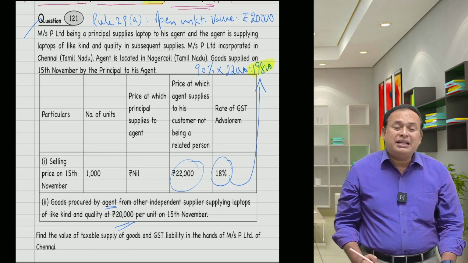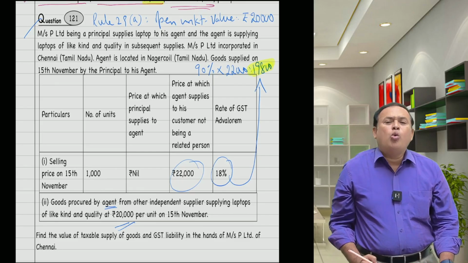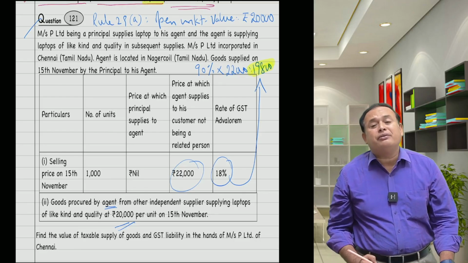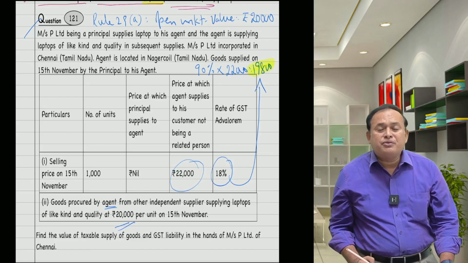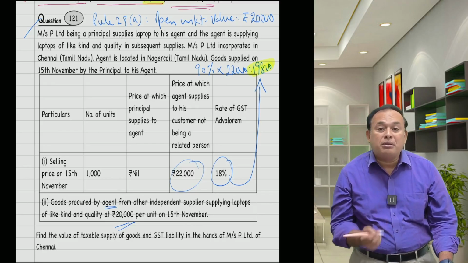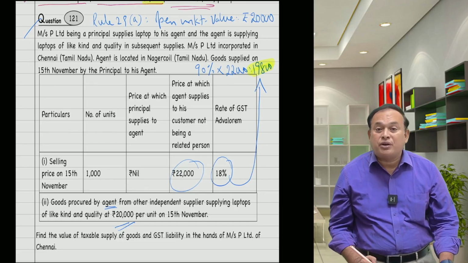What is this 18% they are telling here? GST at ad valorem rate. What do you mean by ad valorem rate? The rate of tax is applied on the value of the goods. What is the value of the goods we have arrived at? 19,800 rupees. On that value, apply the percentage of GST, which is technically called the ad valorem rate of tax.